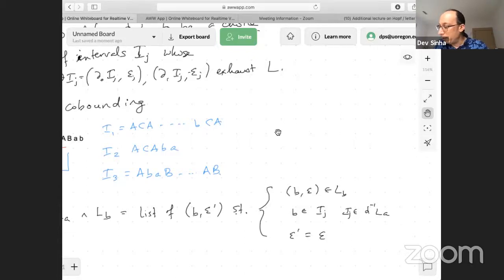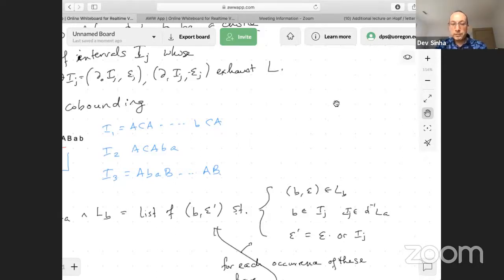It's just going to be the epsilon attached with B times the orientation of this ij. So for each occurrence of these, the first two, we have that in our list.